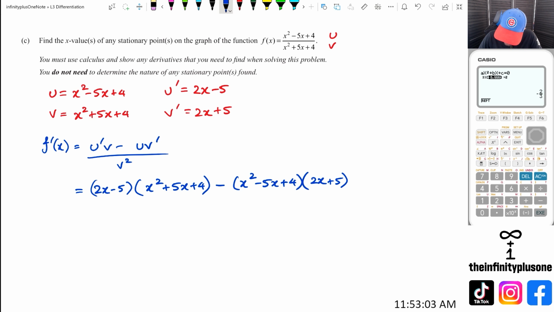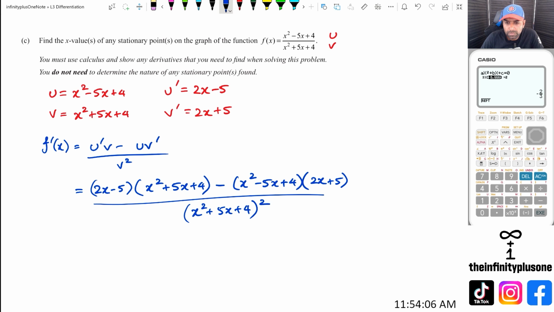Trying to see if there's a quicker way of doing this. And all of that is divided by v squared, which is x squared plus 5x plus 4 squared. Now the thing is, I'm trying to be super lazy and I'm not wanting to expand that numerator and put it all together. That's just painful.